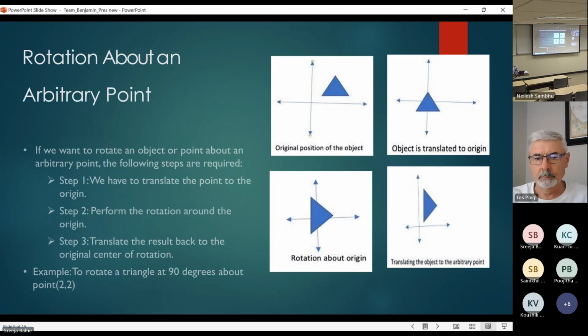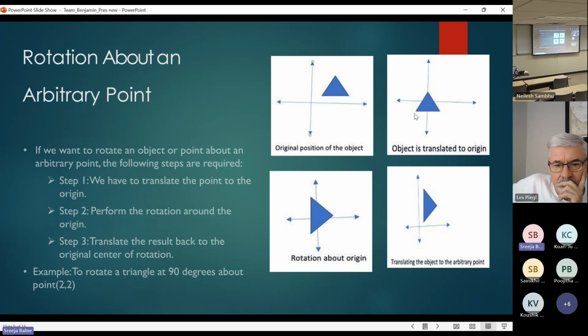Next, coming to rotation with respect to an arbitrary point on an arbitrary plane. First, this is the original position of the object. The sequence of steps would be: first we take the original position of the object, then center it at the origin, then rotate it, scale it, or apply any other transformation with respect to the origin, and then translate the object back to its original position.